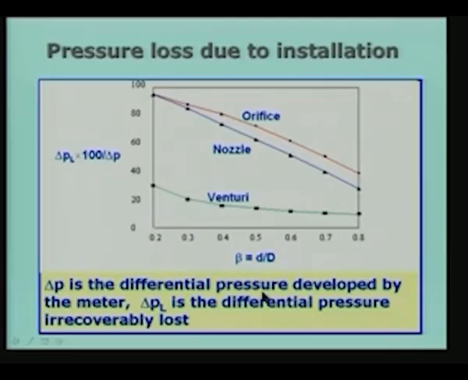Delta P is the differential pressure developed by the meter, this is P1 minus P2, and delta PL is the differential pressure irrecoverably lost. That means this is the upstream pressure minus the pressure at the exit of the device.